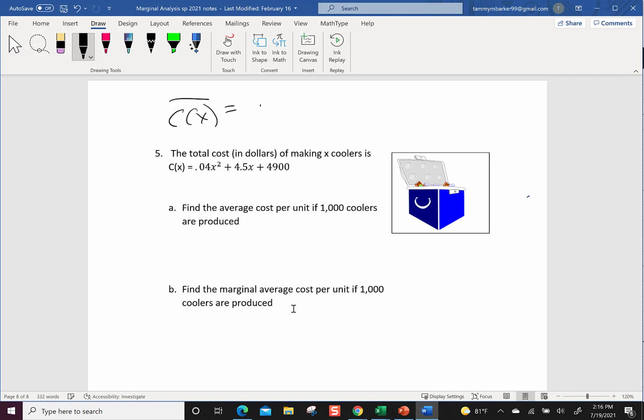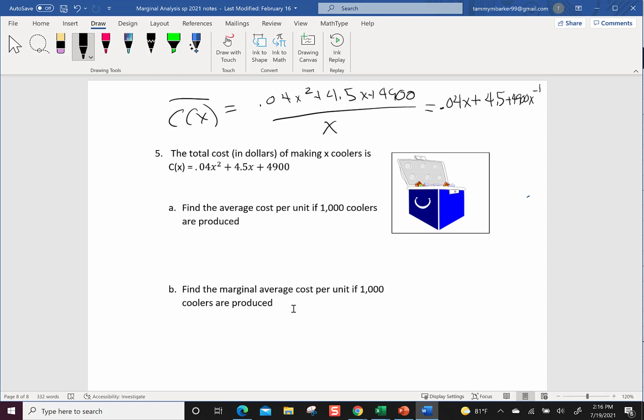We're going to take our cost 0.04 X squared plus 4.5 X plus 4,900, and we're going to divide it by X. If you want to, you could go ahead and divide by X. You would get 0.04X plus 4.5 plus 4,900 X to the negative 1. So I divided each of those three terms by X.